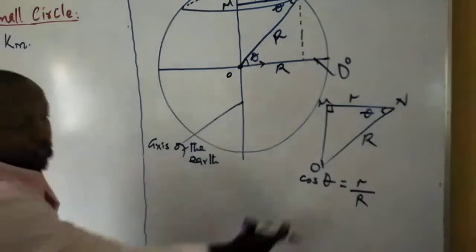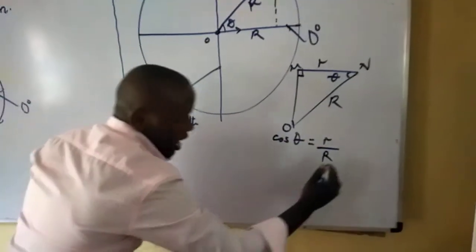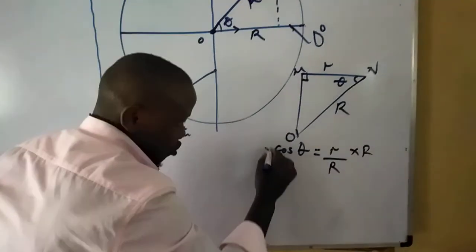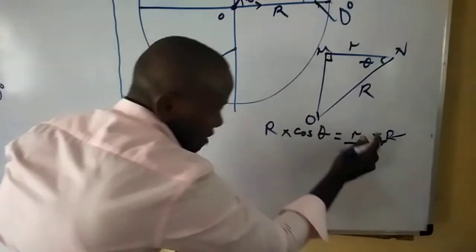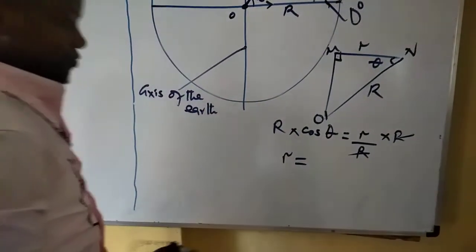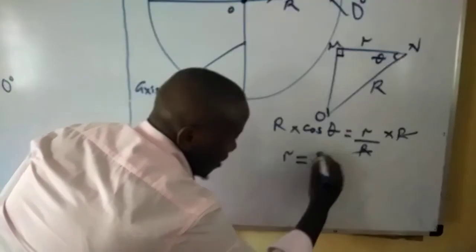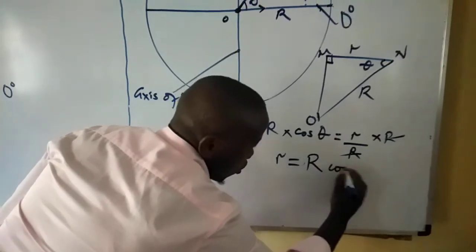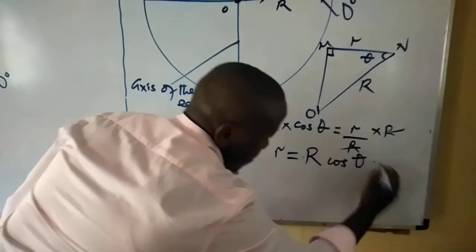Therefore, we can multiply through by capital R, and then small r equals capital R times the cosine of the angle.